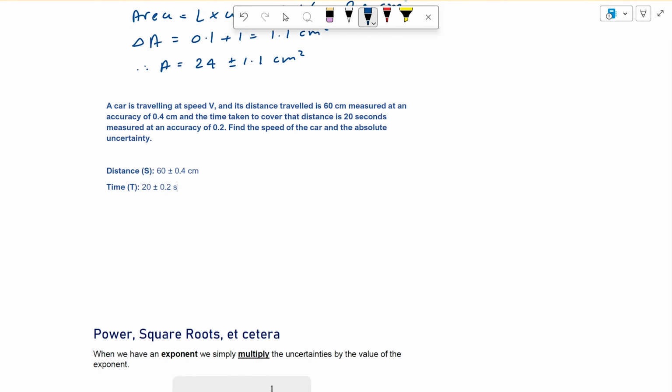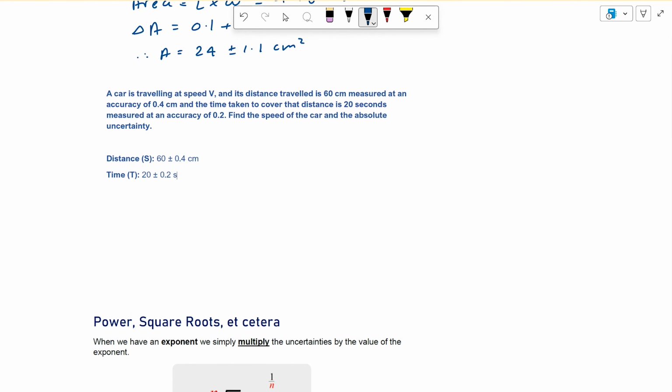Good. Now, moving on to the next question, we have a car. A car has traveled a distance of 60 centimeters in 20 seconds, and we are to find the speed. So speed is equal to distance over time taken, which would be 60 over 20, is equal to 3 centimeters per second.